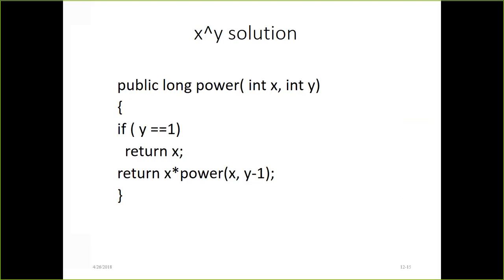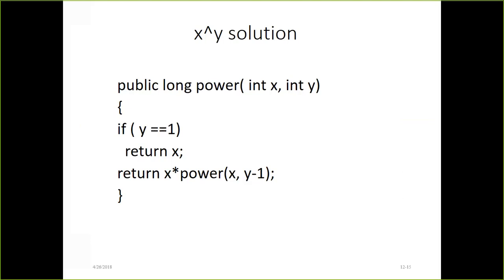Actually, there are two ways to do this, okay? Actually, we can put 0. If we use this method, if y equals 1, then we return x. Otherwise, there is another alternative method.